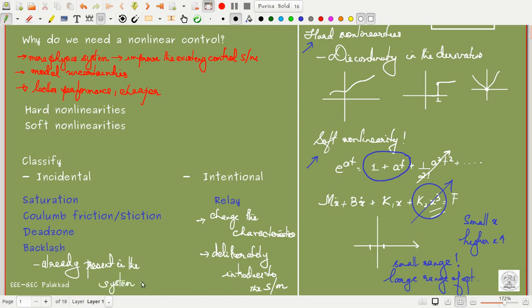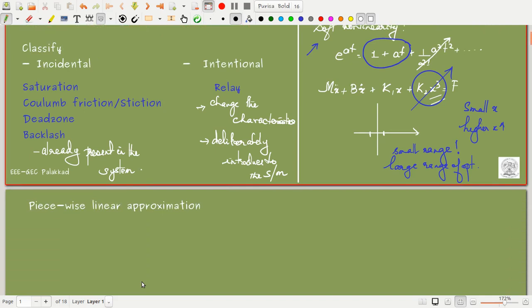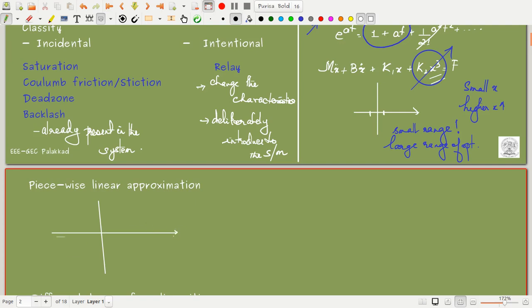Now, before going into the different types of nonlinearities, we will also see what is meant by piecewise linear approximation. If we consider a simple curve like this, if this is the x and y axis, the input axis and the output axis, I'm trying to draw something like this.